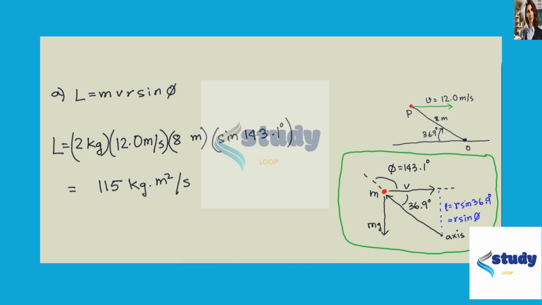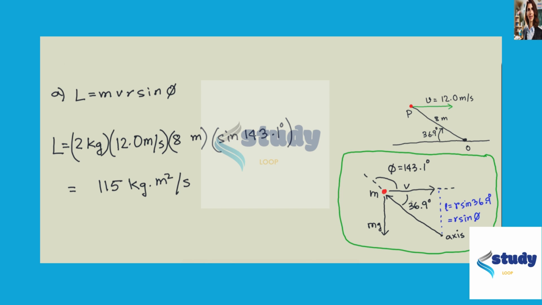Now, if we draw a free body diagram of this system, we see that this is the rock, and from point O, since we are trying to find the angular momentum with respect to point O, we can consider that as our axis. So our radial vector points towards P, towards the rock.